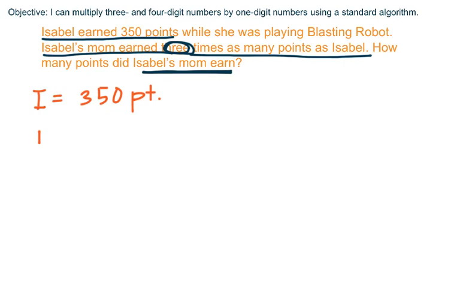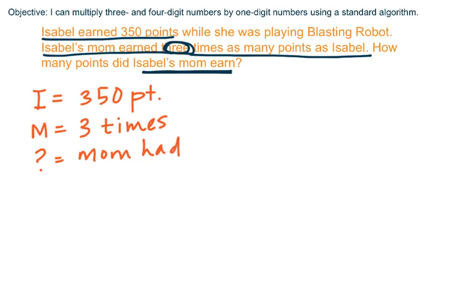And then Isabel's mom, I'm just going to put an M for mom, had 3 times that amount. And I want to know how much her mom had. How many points did she have?